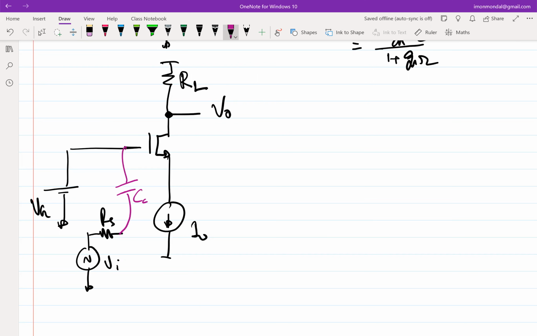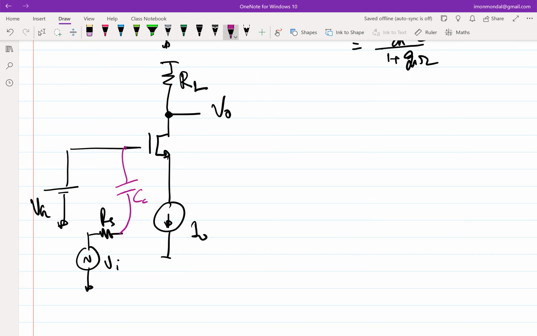Do you have to connect the input to the gate, or can you also connect it elsewhere? For this case, let's assume you connect it to the gate, because we are essentially trying to make the incremental model of a common source amplifier. So you can put this input in series with this battery. Yes, you can put VI in series with VG.